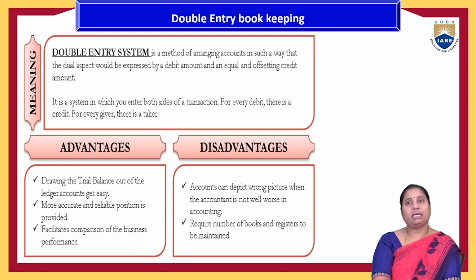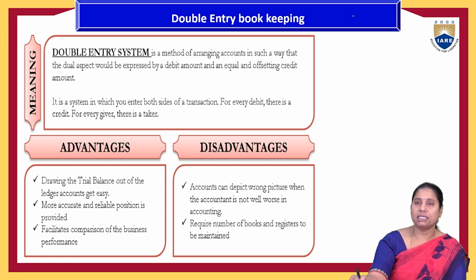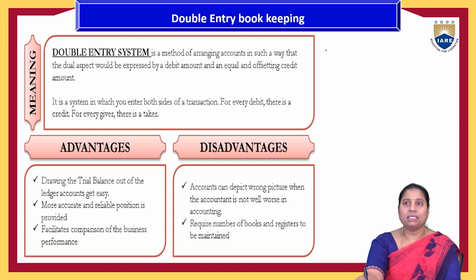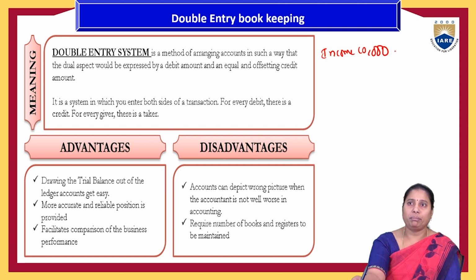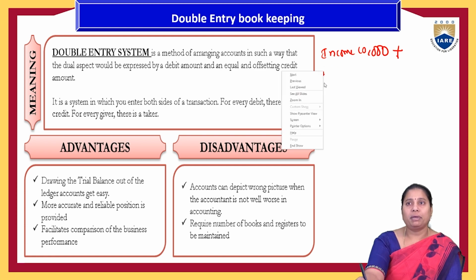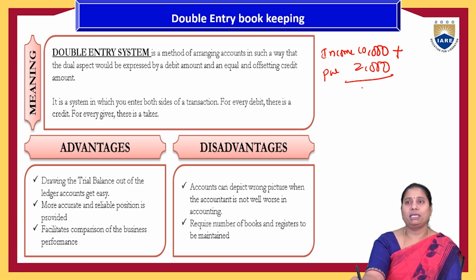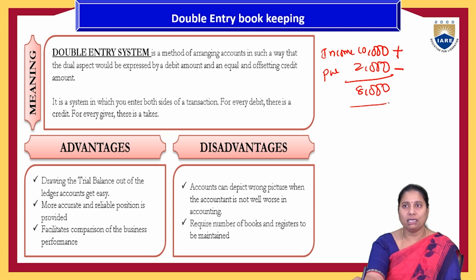And the double entry mechanism: generally, in single entry, let us say an income of 10,000 is received, then it is a credit, a plus. If they have purchased materials worth 2,000, the remaining balance is 8,000. If they are doing it like this in a single entry, then it is an old methodology.